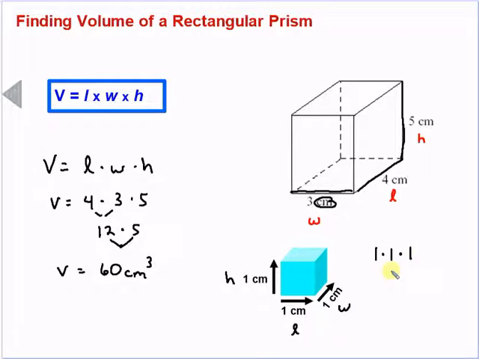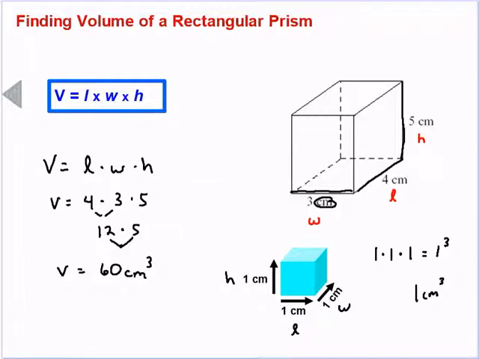Now, when we look at 1 times 1 times 1, we know, using our rules of exponents, that 1 times 1 times 1 is actually 1 to the third. And of course, 1 times 1 times 1 is just 1. It is 1 centimeter cubed. So, the formula for volume of a rectangular prism is length times width times height.